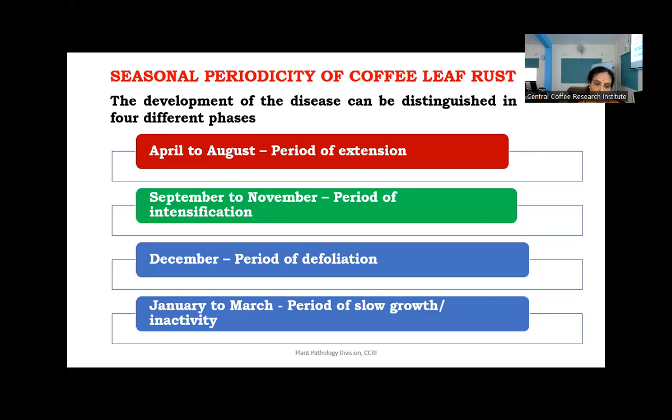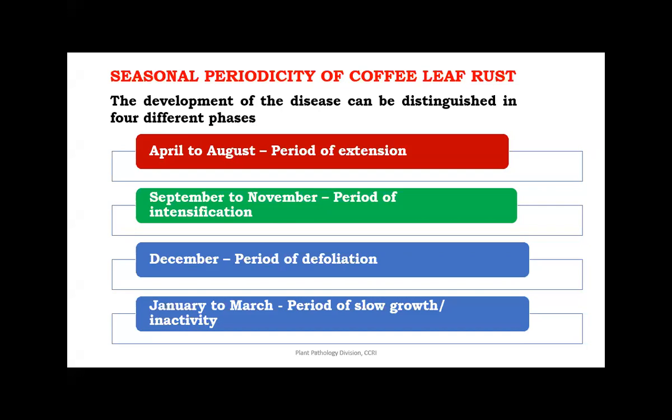In December, the period of defoliation, if we have not carried out any plant protection measures, then naturally defoliation will take place in the susceptible varieties. September to November is also the period of intensification, because during that time we'll be harvesting the crop, and the starch content or carbohydrates will be exhausted towards the blossom and the development of the berries.